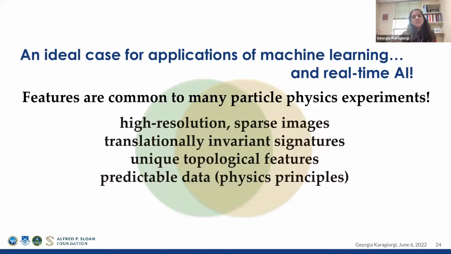And I should add that these features are common to many particle physics experiments, not just the DUNE experiment or other liquid argon TPC detectors. There are other types of detectors as well that are now making increasingly heavy use of machine learning and AI for processing and analyzing their data.